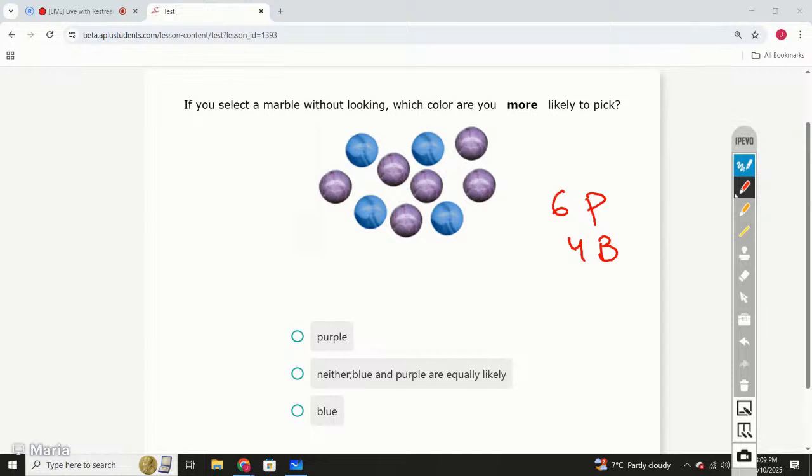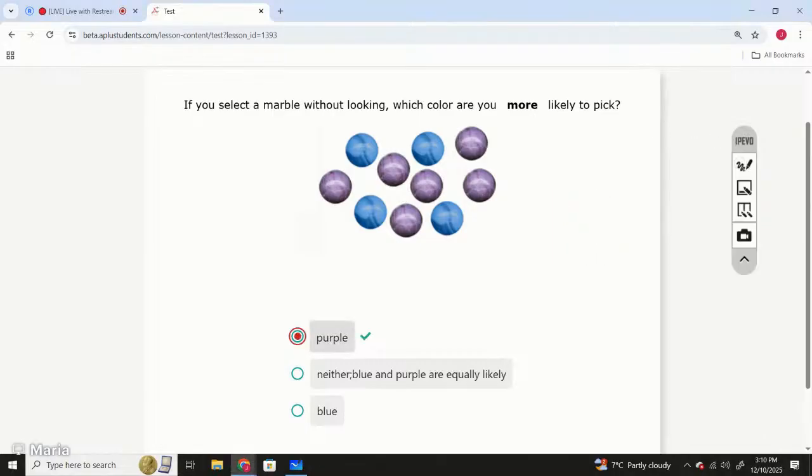You will more likely pick the purple one, right? The correct option is purple. Option number 1 is the correct option.